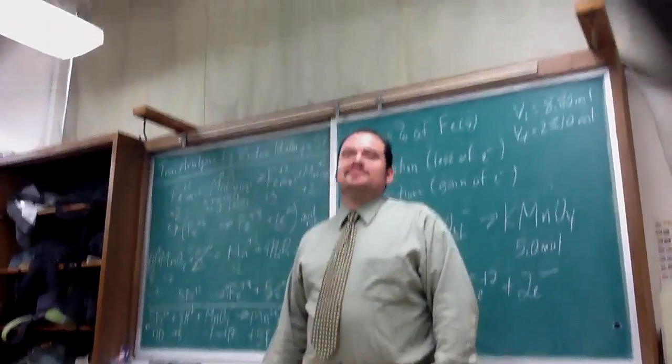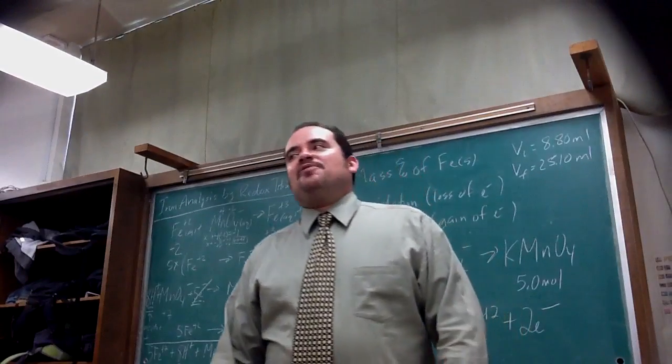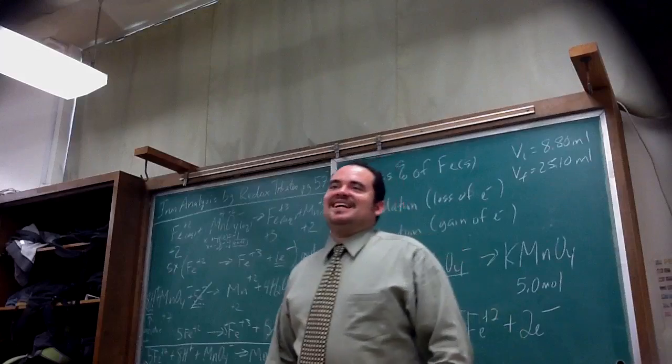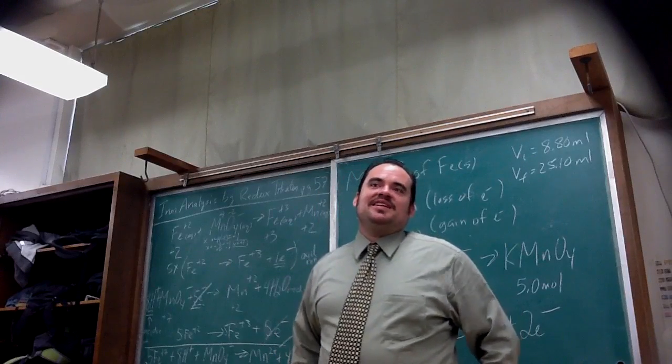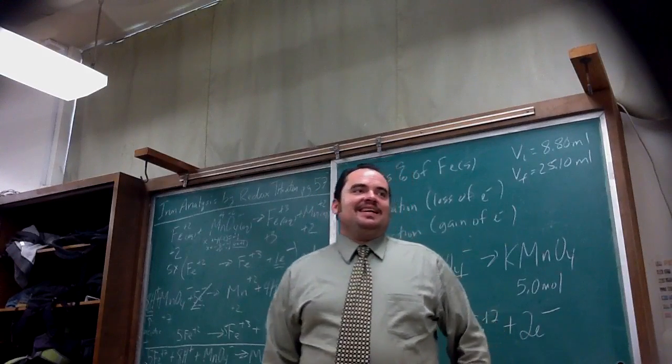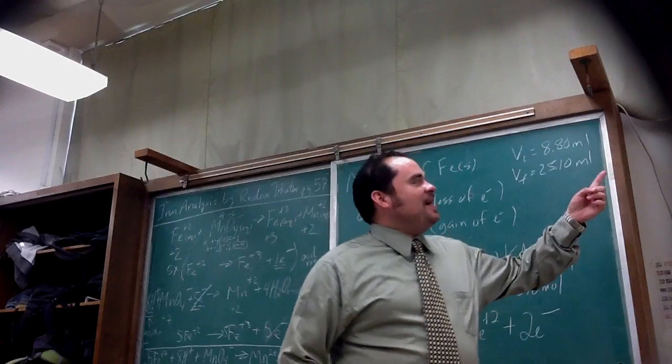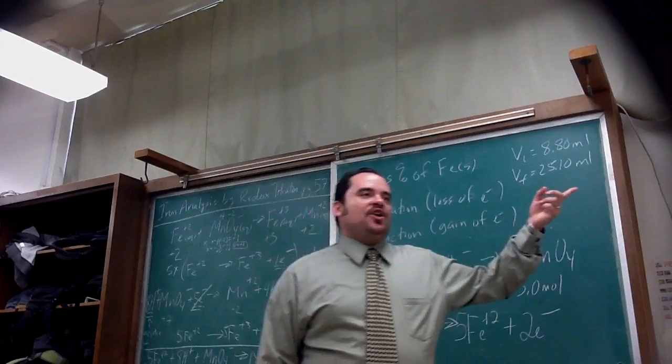Do we have one for iron plus 2? Atomic mass of iron plus 2. Well, what do we have here? You guys keep looking over here. We know the atomic mass of iron, right?